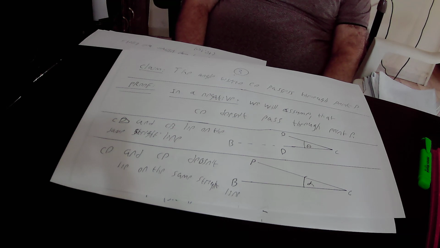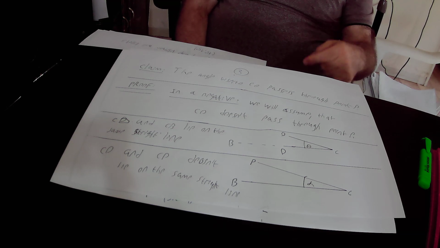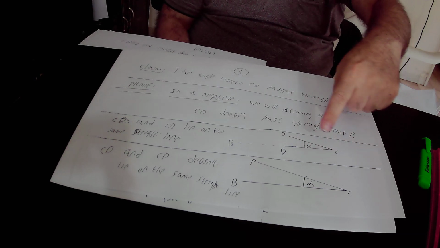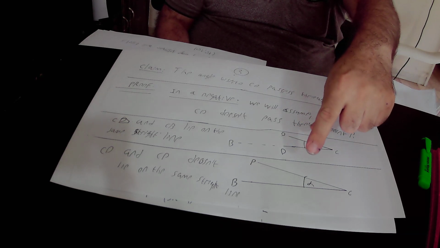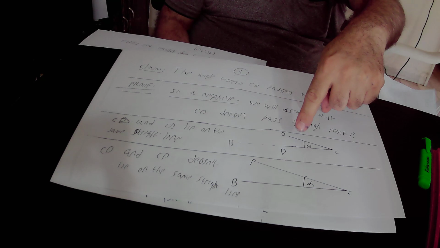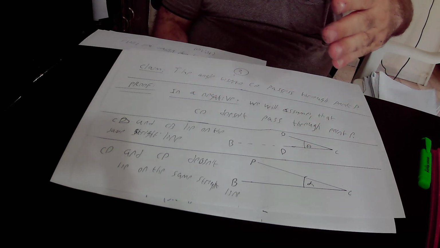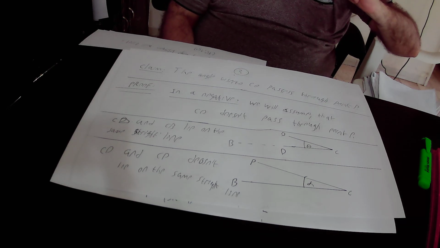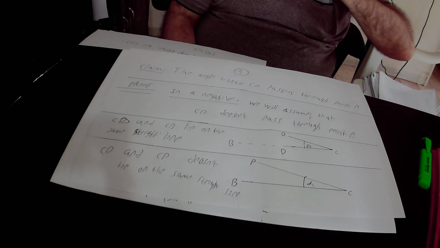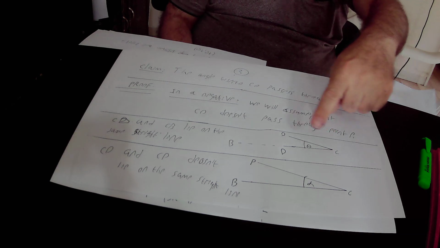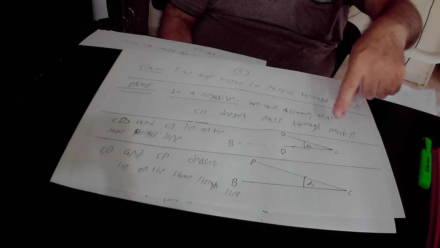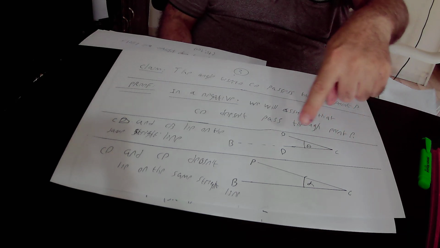So we know that the first legs of those two angles are DC and BC, and they are both lying on the same straight line. What about the second leg of those two angles? We have leg OC and leg PC.